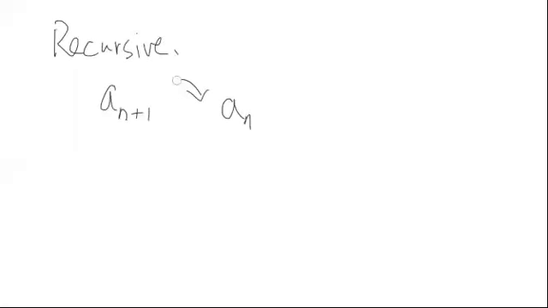Sometimes you can write a formula down like this. Maybe you have a sub n plus 1 is equal to a sub n plus 2. And then further, you know a base case, maybe at the beginning, maybe you know something like a sub 0 is equal to 3.